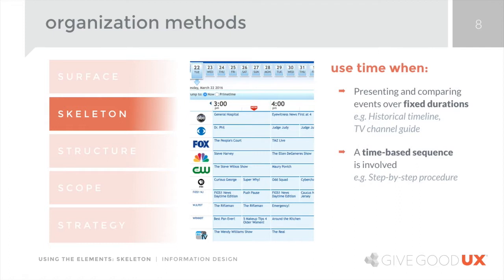That's a time-based sequence. That's information organized over time. So the next time you are tasked with organizing an information set of any kind, remember these 5 ways that you can categorize things: alphabetical, categorical, continuum, location, and time.